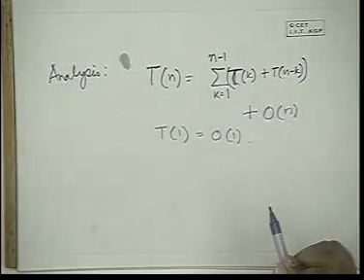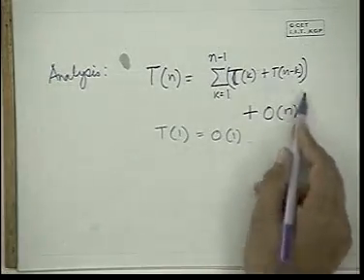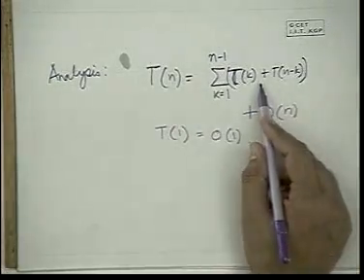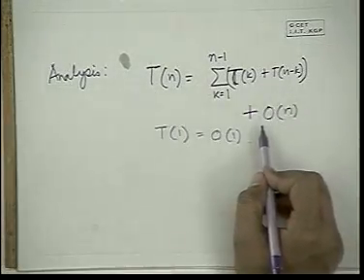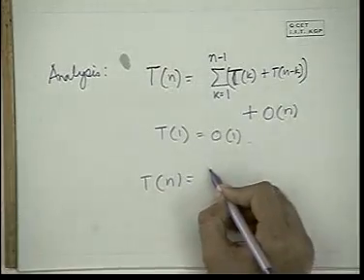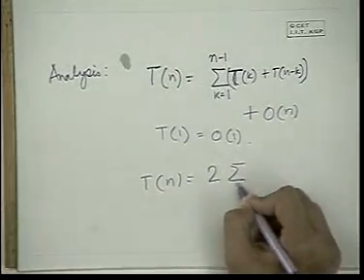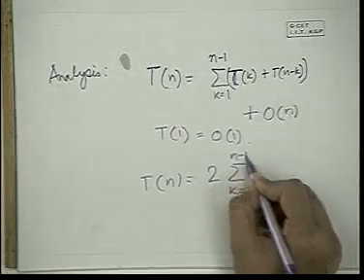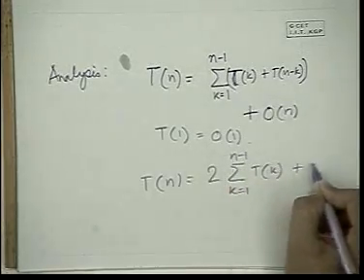Okay. Now if you try to solve it, I don't want to solve it here exactly. You can go back and solve. We can simplify T(n) a little bit. I can write this as 2 times the summation of T(k), k going from 1 to n minus 1, plus order of n.